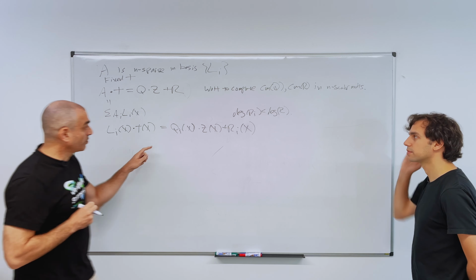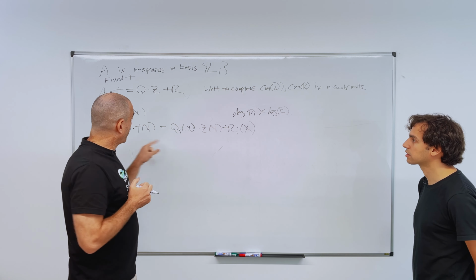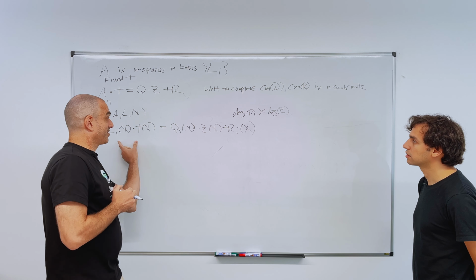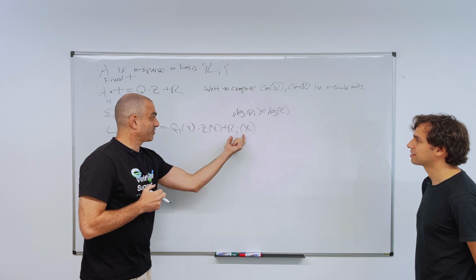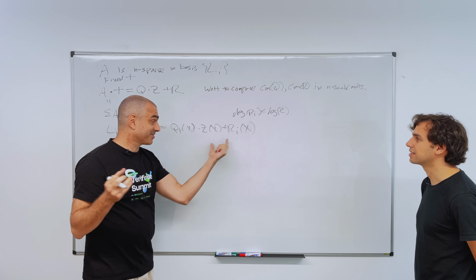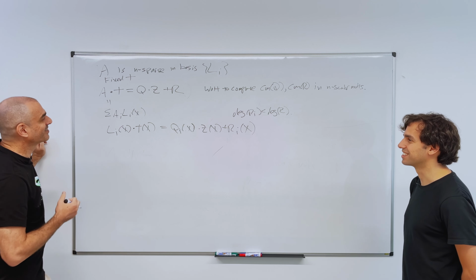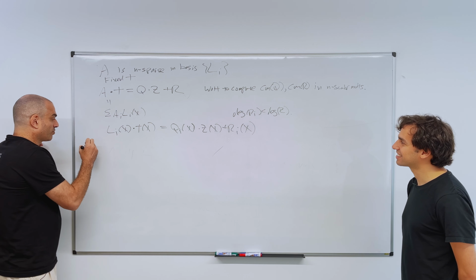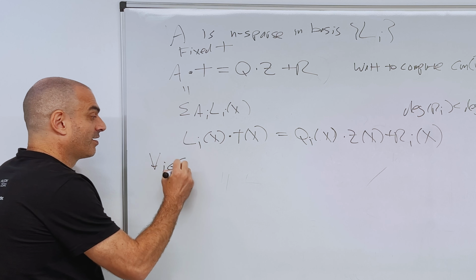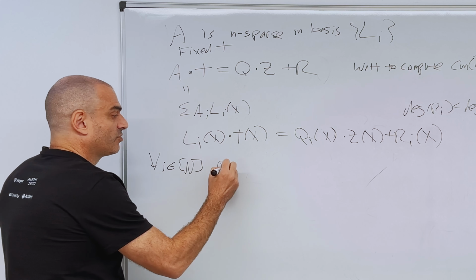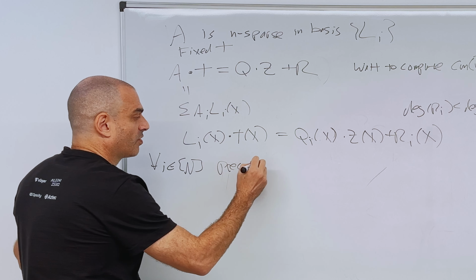We can always write this in this form where the degree of the remainder is smaller than the degree of z. Otherwise, it wouldn't be a remainder. And now the idea is that for every i, we're going to pre-compute the commitment to qi and the commitment to ri.